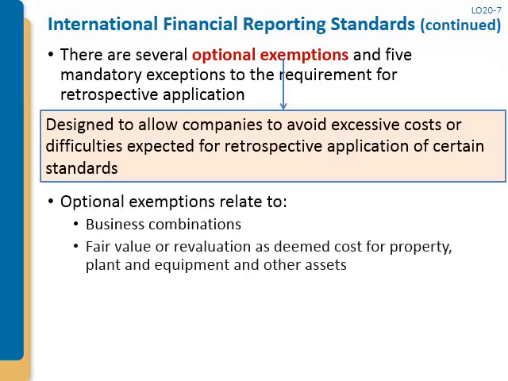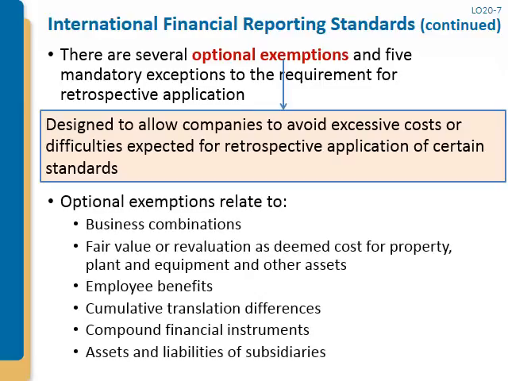Although the basic requirement is full retrospective application of IFRS, there are several optional exemptions and 5 mandatory exceptions to the requirement for retrospective application. The exemptions are designed to allow companies to avoid excessive costs or difficulties expected for retrospective application of certain standards.